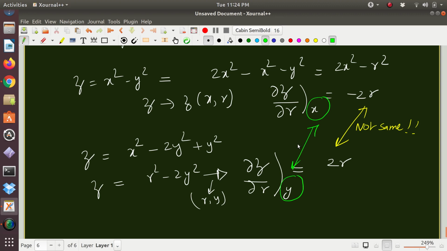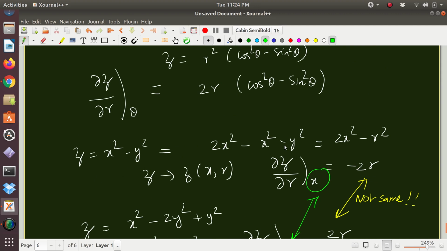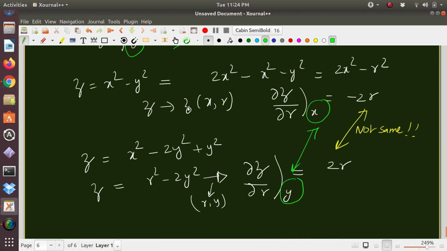So this is a very important point that we must keep in mind when we do partial differentials, because you may get confused, or you may get very erroneous and very paradoxical results if you don't keep in mind what is kept constant when you do a partial differential. You see, the same partial z partial r, when theta is kept constant, you got this result. When x is kept constant, you got minus 2r, and when y is kept constant, you got plus 2r. Okay, so all these three are very, very different results. So this is something that we have to keep in mind.